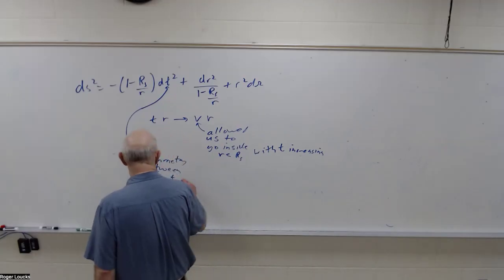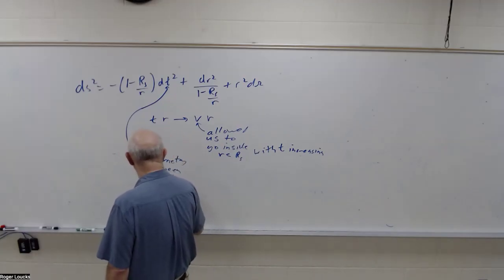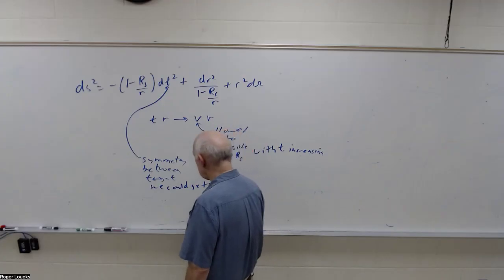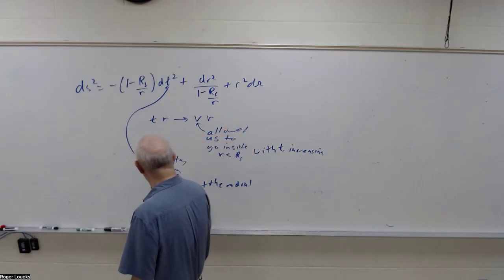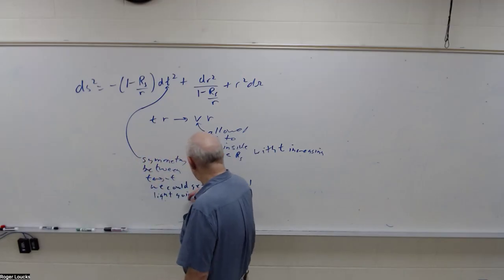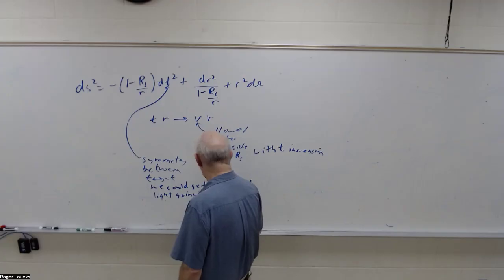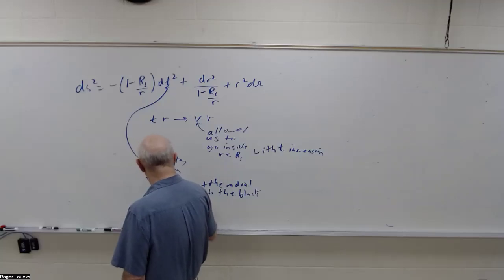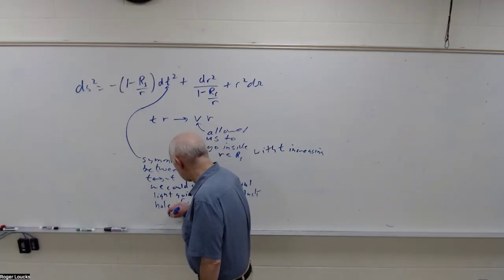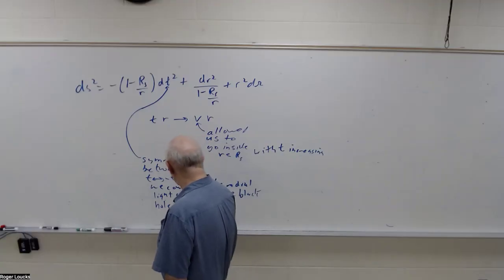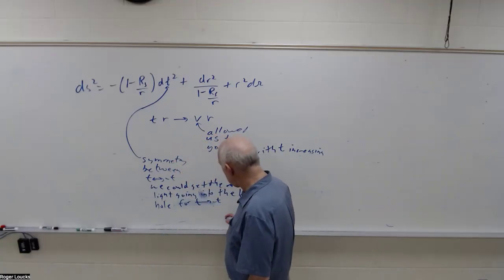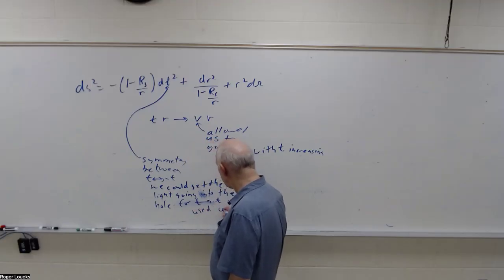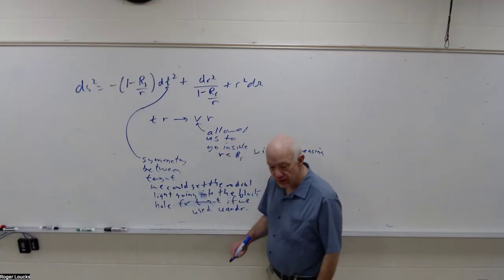So we could get the radial light ray going into the black hole, for t going to minus t, in other words going backwards, if we used u and r, that works.